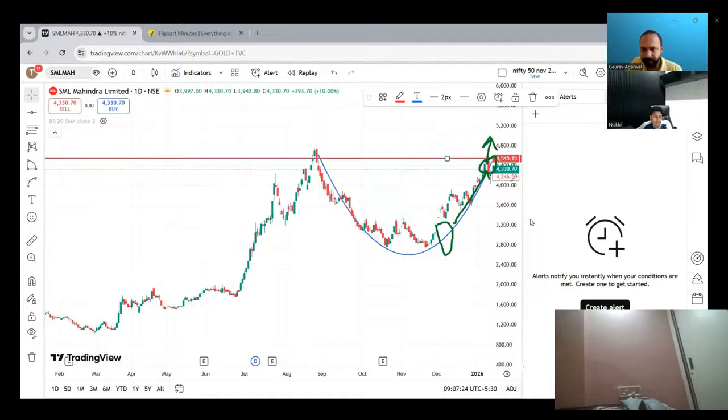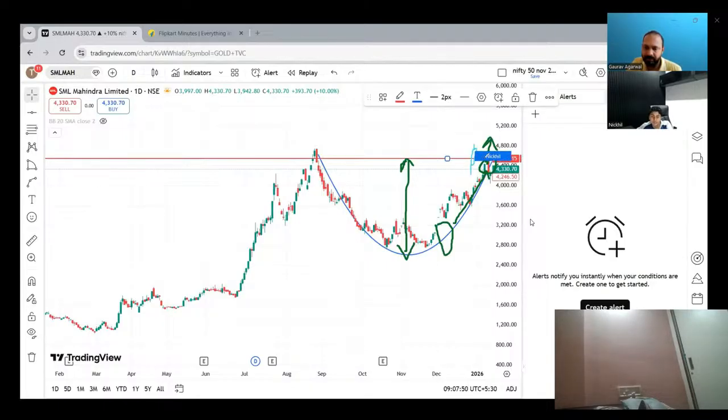And for this pattern, right? Is it supposed to go up? Yes. The same concept will apply, same concept as it was cup and handle. Once it is a breakout, the target will be here, this range. The high minus low.